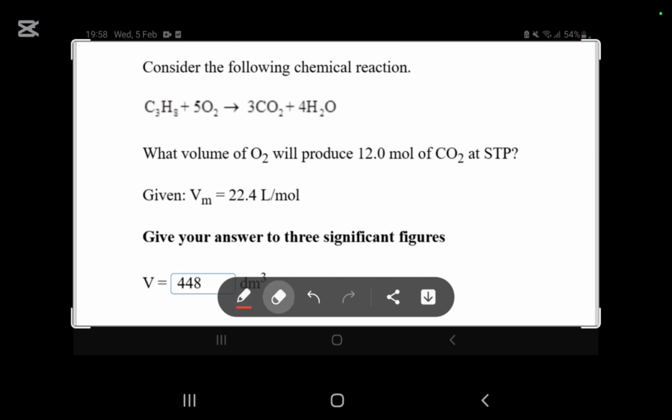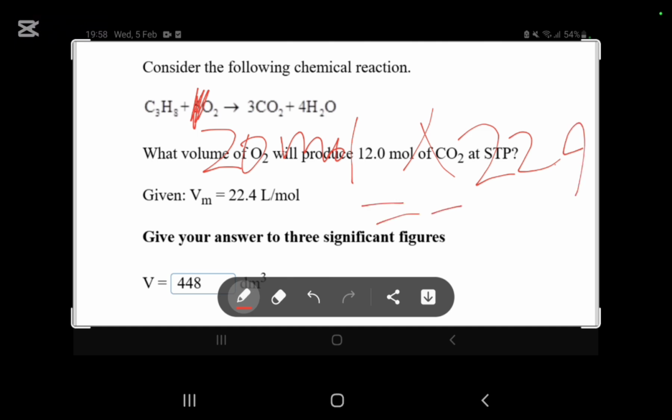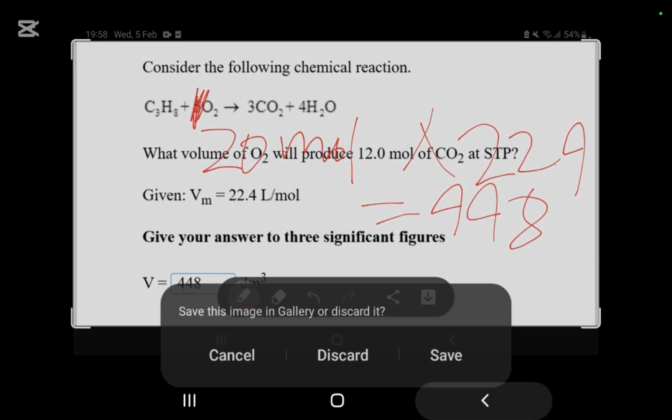So we do times 4 to the entire equation, so instead of 5 here, it will be 20 moles. So, as I said 2 questions ago, we go from moles to volume in STP, we do times 22.4, which will give us 448.